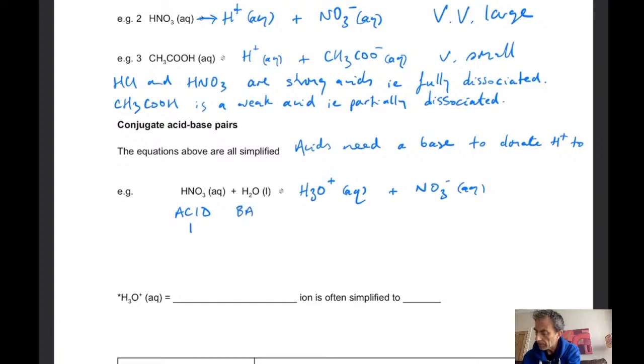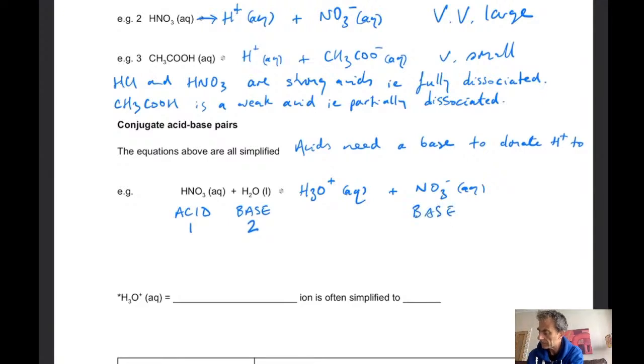But it belongs to a different pair, so we're going to call this base of pair 2. So we've essentially got two pairs of things, and each pair has an acid and a base. Let's look at this again. The nitric acid is obviously an acid, so we'll call this the acid of pair 1. What's the other part of pair 1? It's going to be a base, and it's this thing here. So this is the base of pair 1.